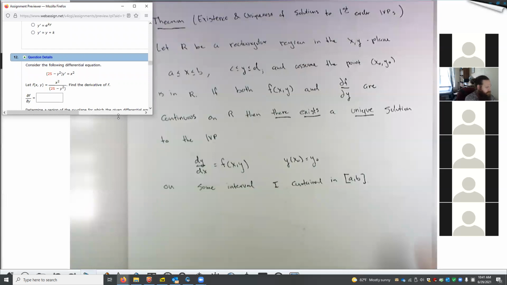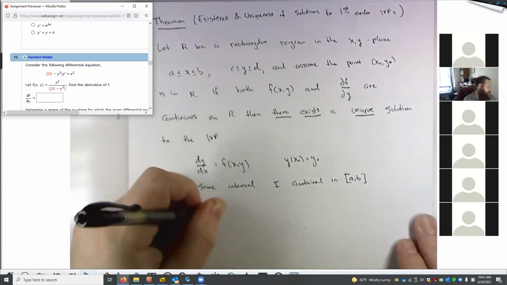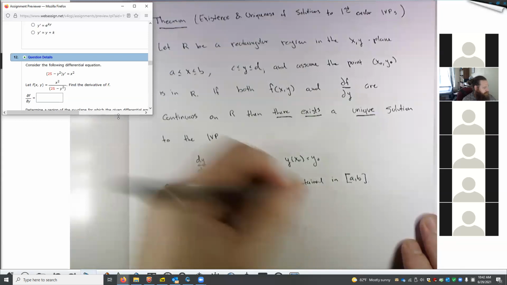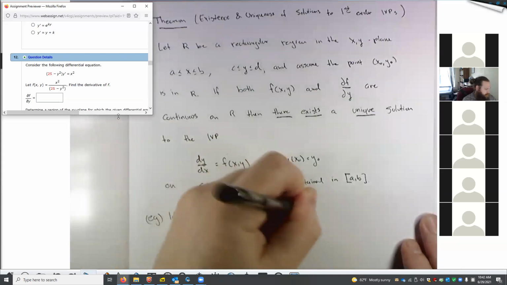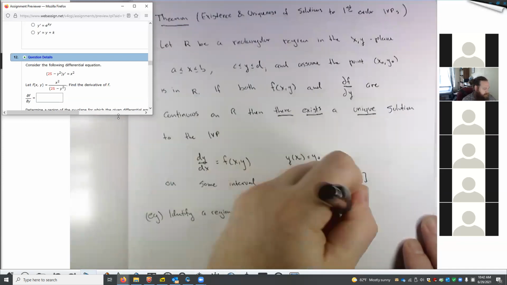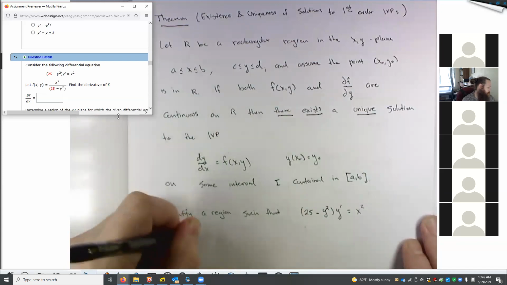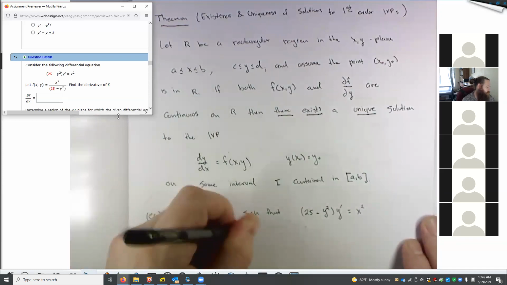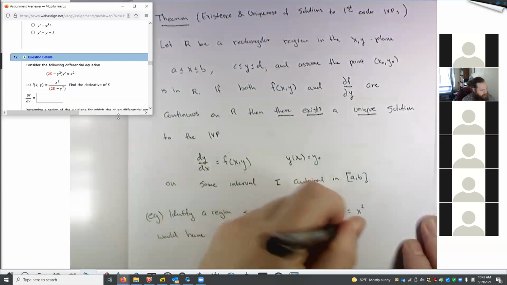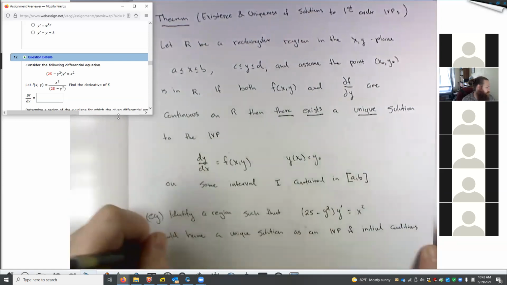Identify a region such that the differential equation (25 minus y squared) times y prime equals x squared would have a unique solution as an IVP if initial conditions are taken from that region.